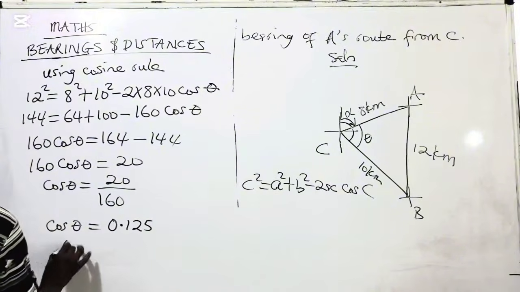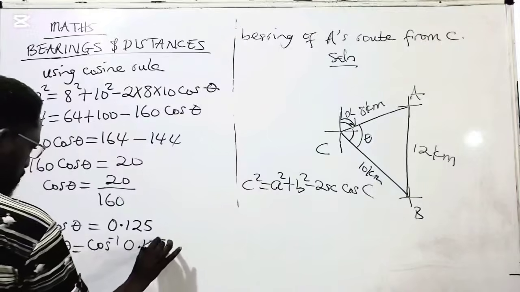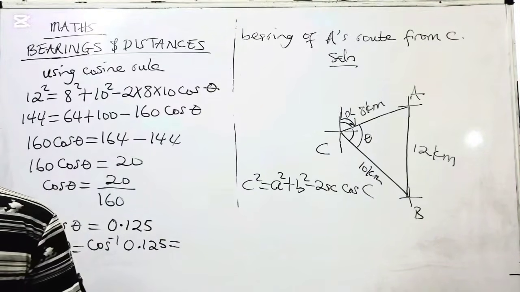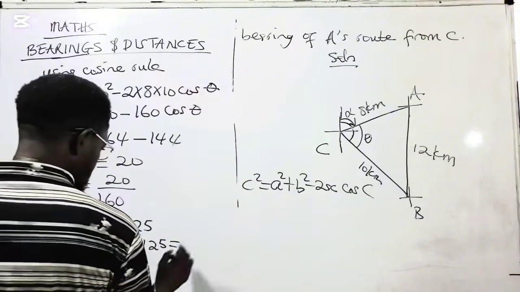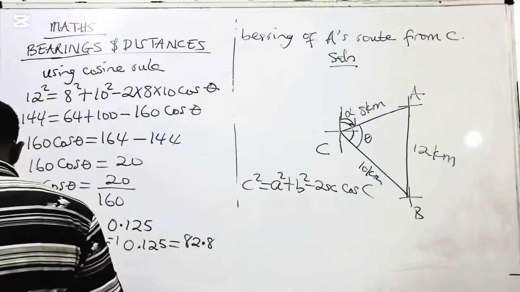So that theta becomes the cos inverse of 0.125, which is about 82.8 degrees.